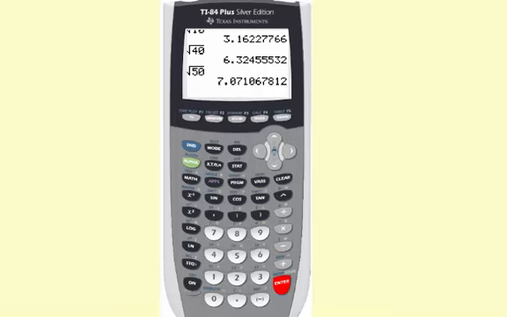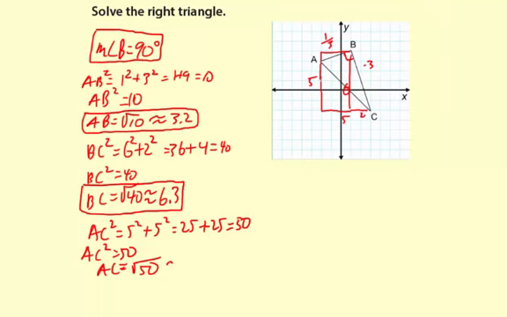7.07, we'll just call that 7.1. Okay, so AC is square root 50, or about 7.1. Now all the sides and one angle are solved for. We need to solve for the two other angles.